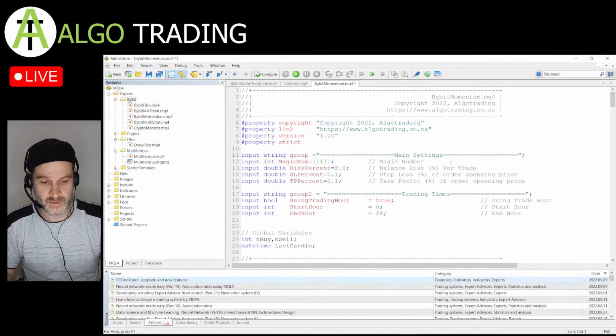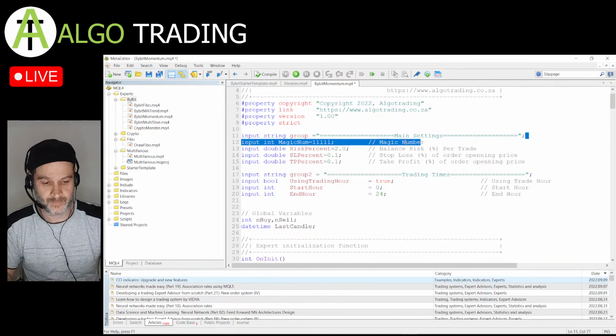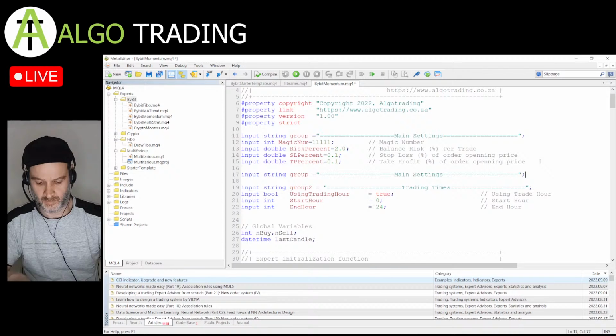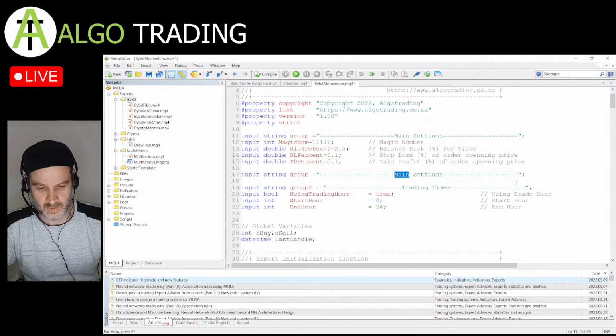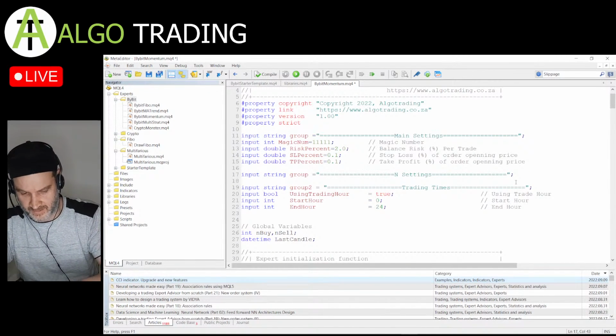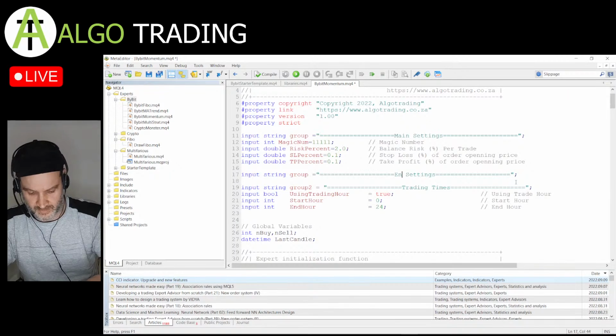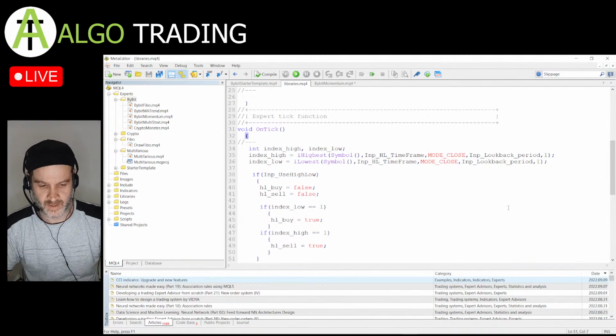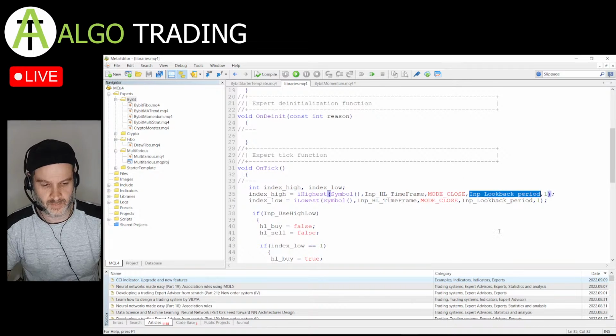Okay, so we're going to create an area. We'll just call it entry settings. We're only going to have this, so just call it entry settings. Let's call this group 3, and we'll call this group 2. I've got the libraries here in look back period.